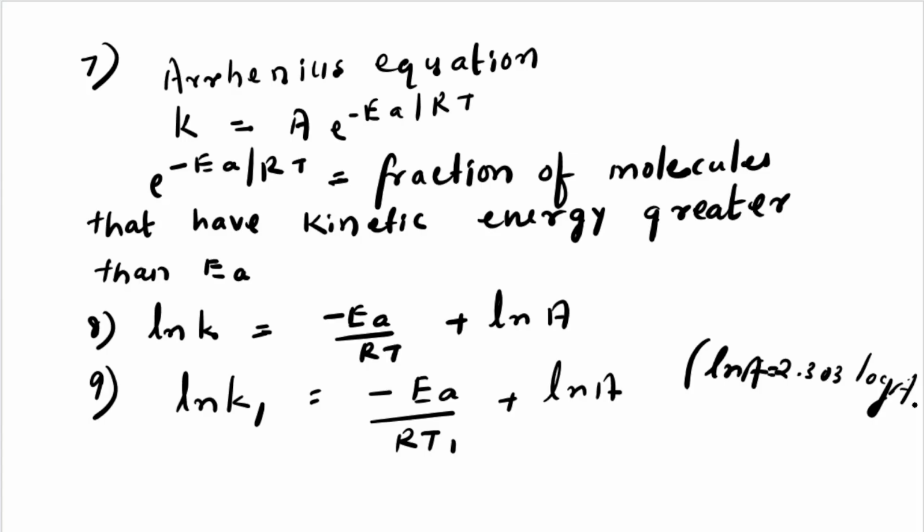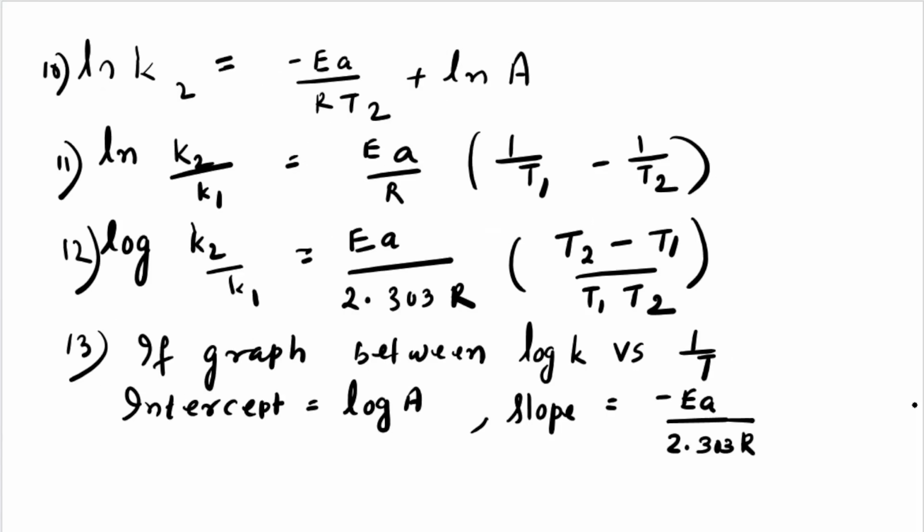If there is a deviation, there are two rate constants: K1 at temperature T1 and K2 at temperature T2. So ln K2 equals minus Ea by RT2 plus ln A. If you write ln, you don't write log.